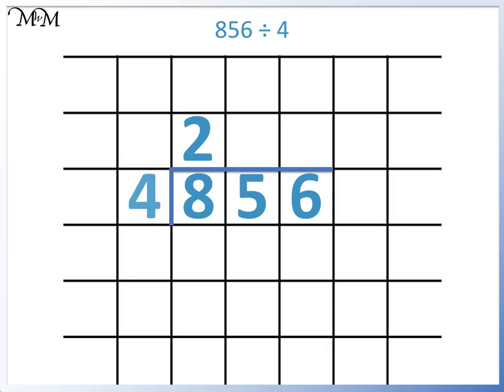Now for 5 divided by 4. 4 fits into 5 once, with 1 left over. We write this remainder next to the 6 to make 16. 16 divided by 4 equals 4. So 856 divided by 4 equals 214.